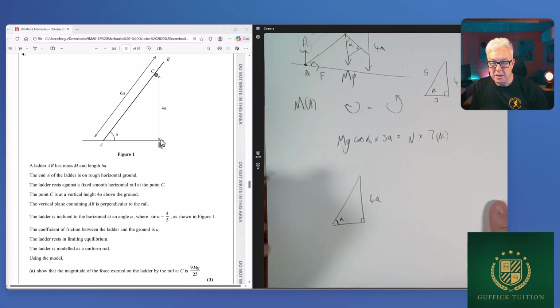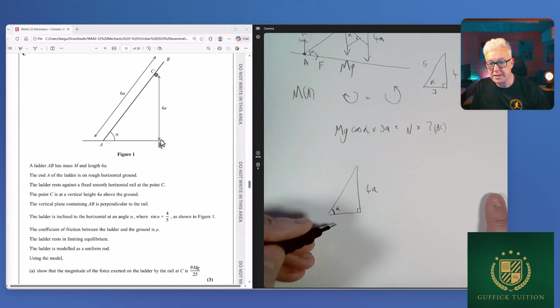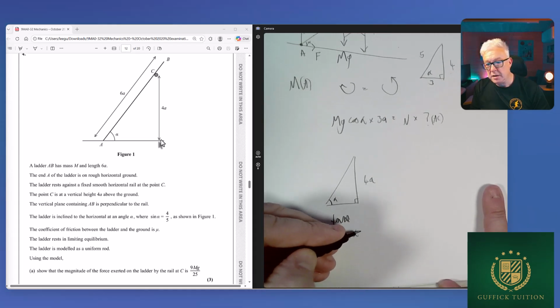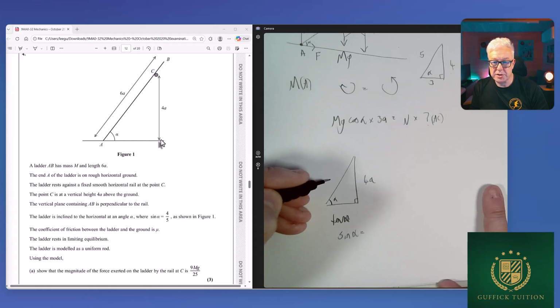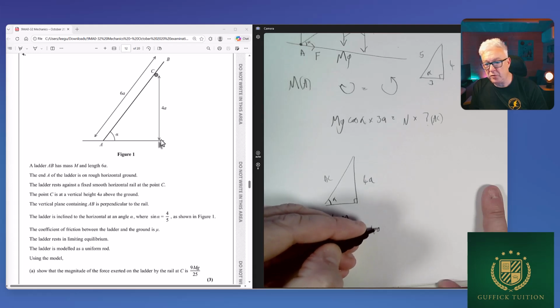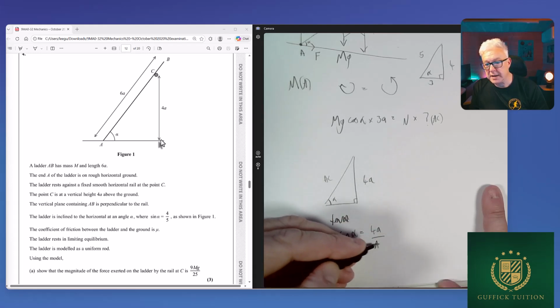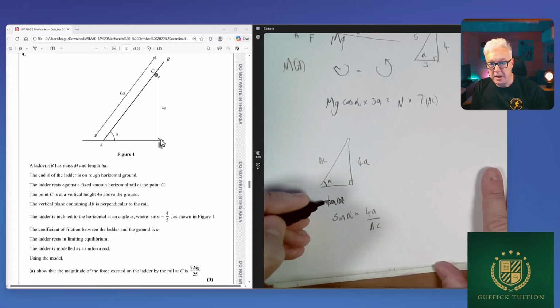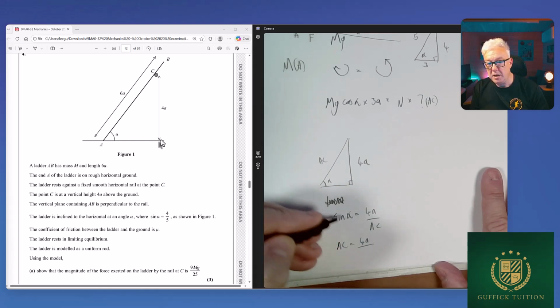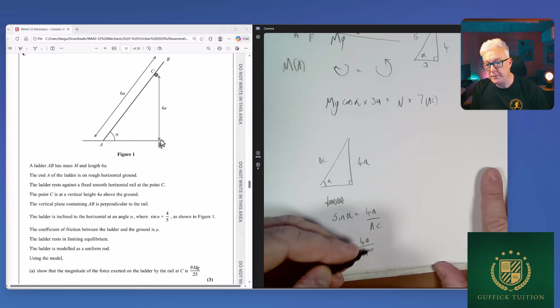So we can say that sine alpha is going to equal opposite over hypotenuse, which is 4a over AC. Therefore AC is equal to 4a over sine alpha.